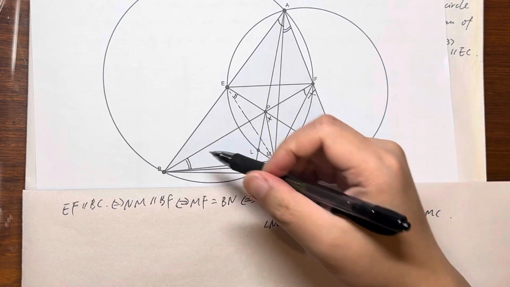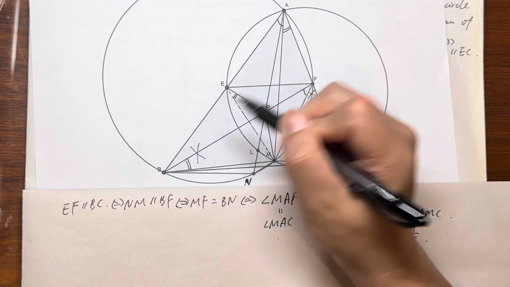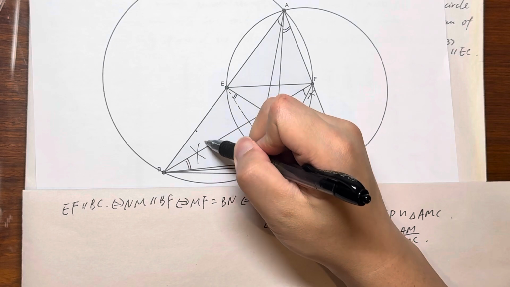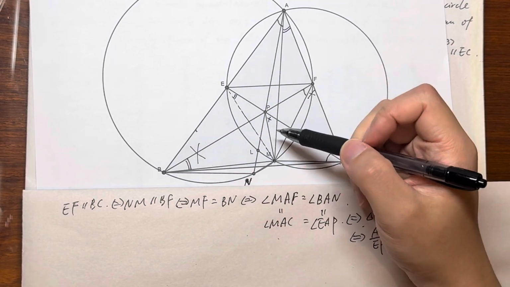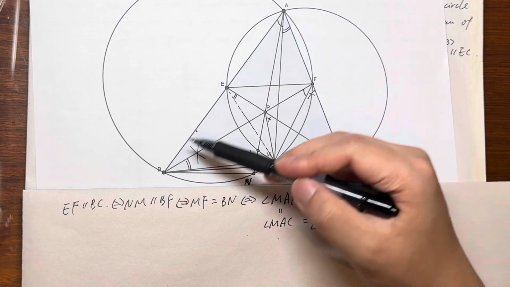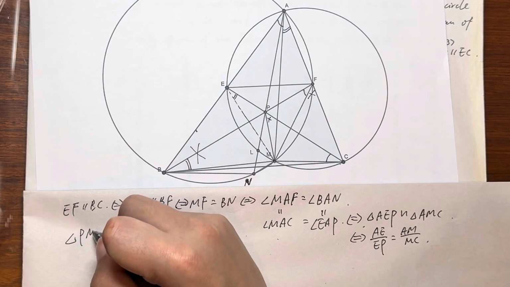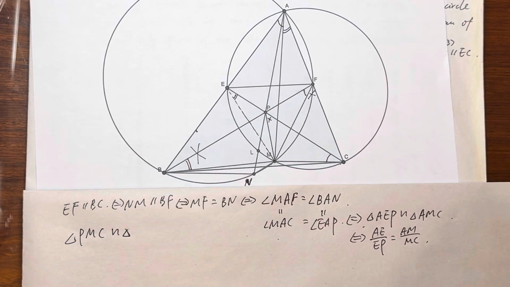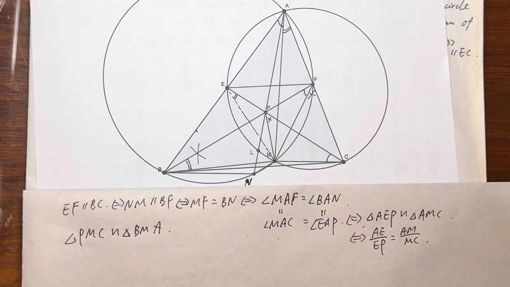So this angle equals the angle MBA. I just mark it here. That means triangle PMC is similar to triangle BMA. Let me be careful: PMC to BMA.